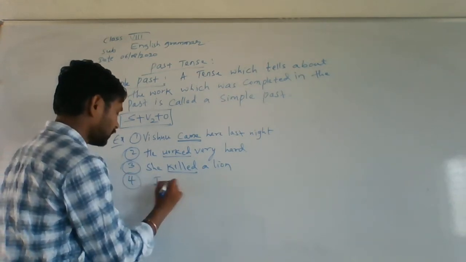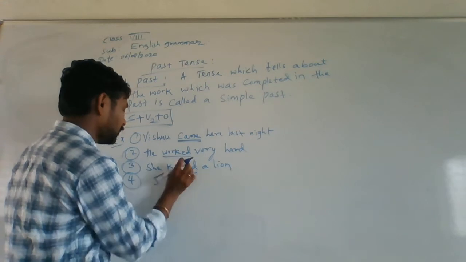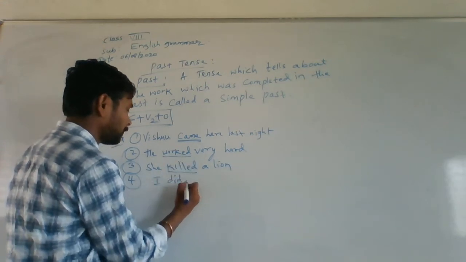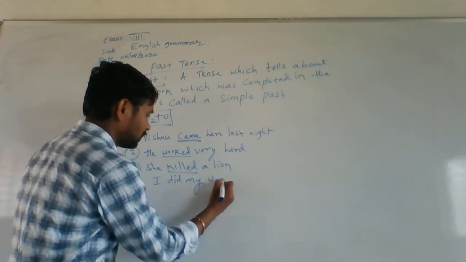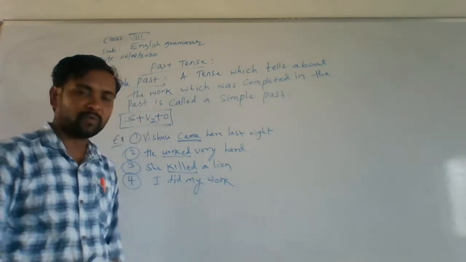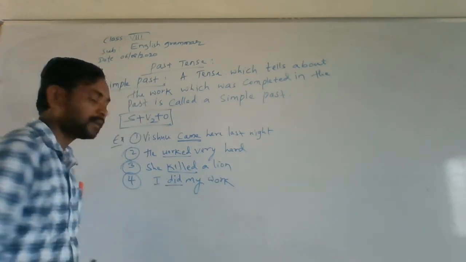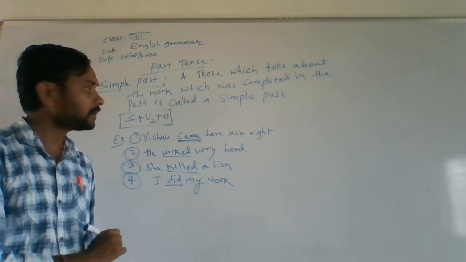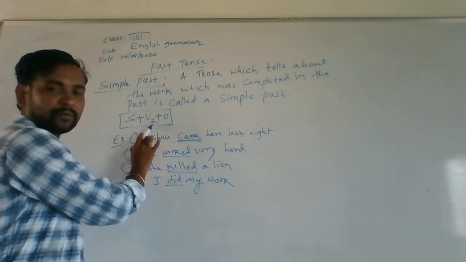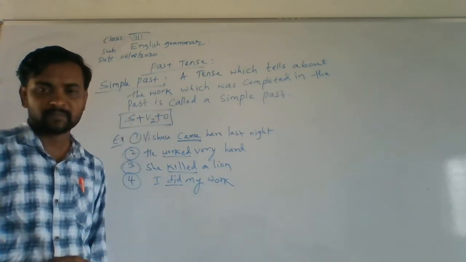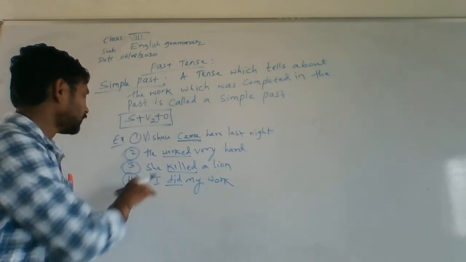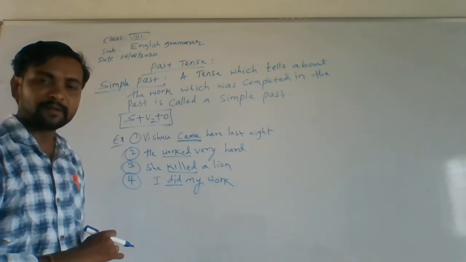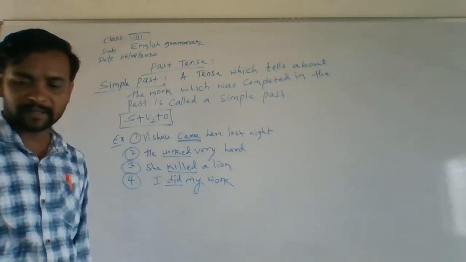Then, I did my work. Here did is a V2. Do, did, done. Do you understand? So subject, V2, then object. Okay, all these are examples of simple past. Write down the examples.